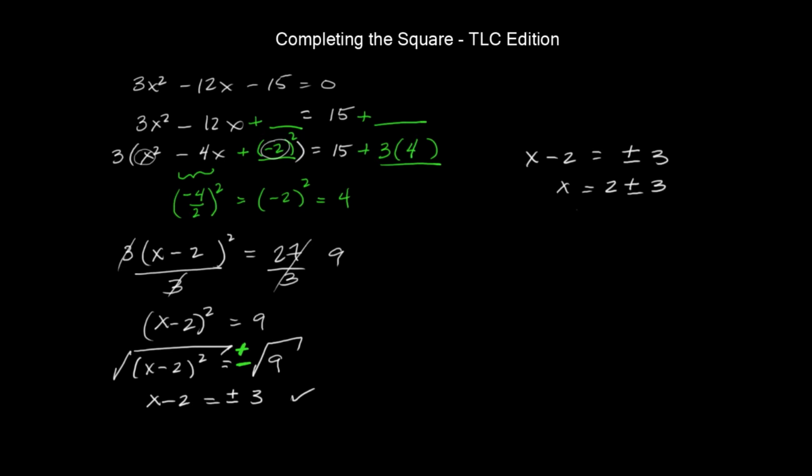We have two solutions. So we have x is equal to 2 plus 3, which is equal to 5, or x is equal to 2 minus 3, which is equal to negative 1. So therefore our answers are going to be x is equal to 5, or x is equal to negative 1.